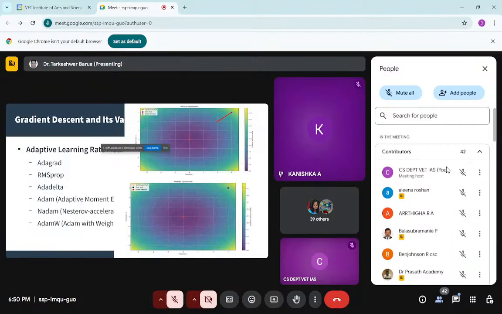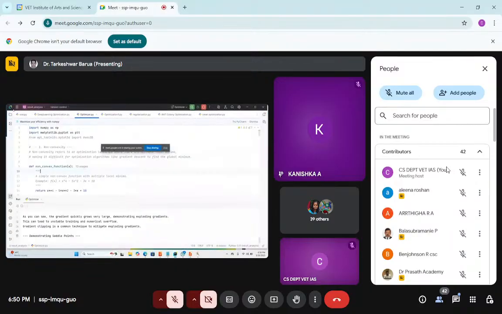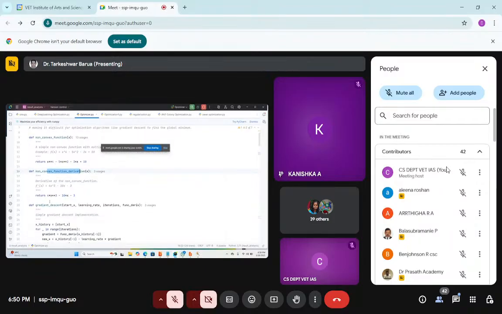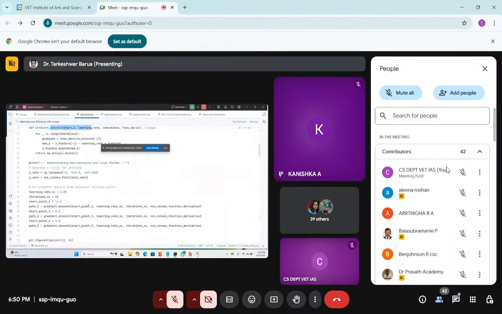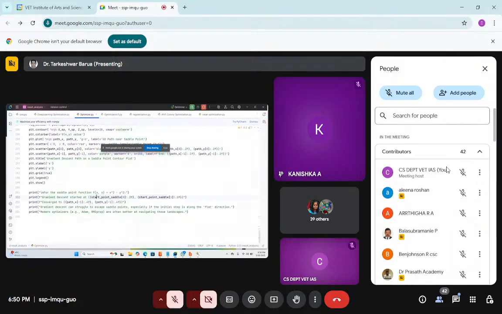All right, this is the result we find, and let me execute this code for you. We have a non-convex function here, and this is the non-convex function derivative. I have written all the functions; we just need to pass and execute, and we will see this type of result. So we can run this.